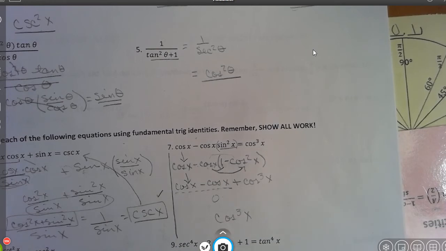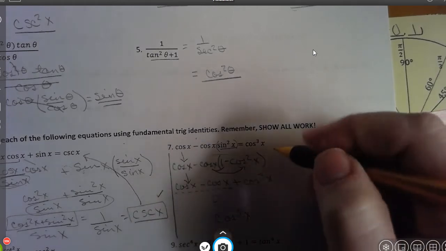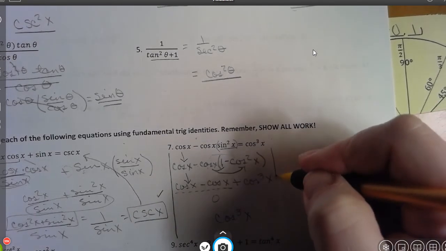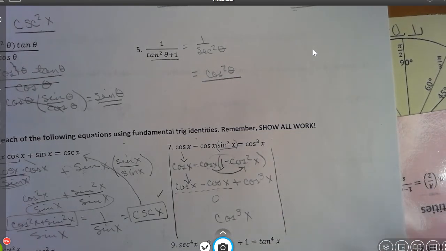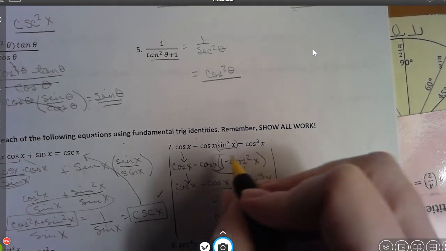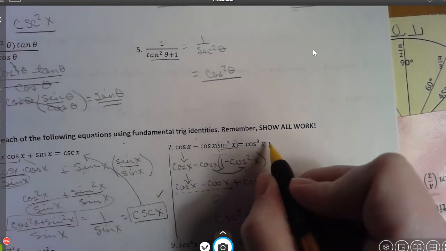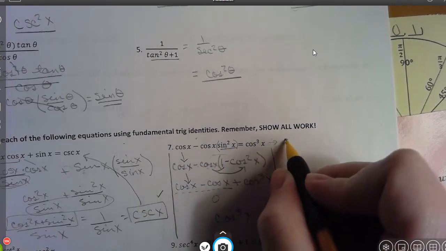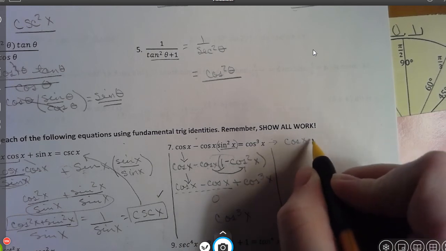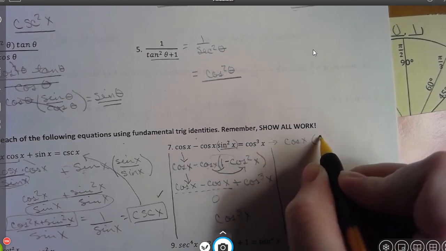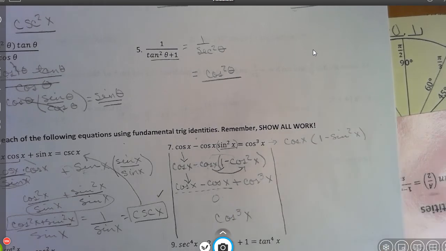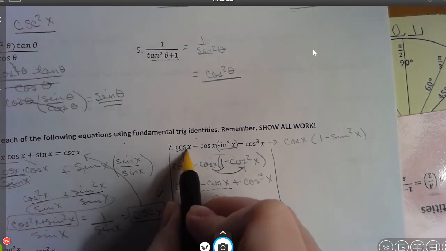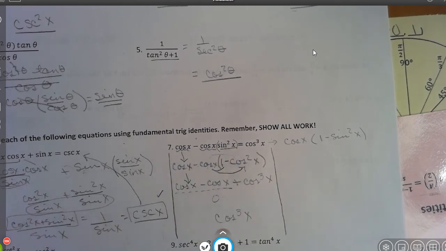All right? I didn't do it that way. This is how you all did it, which I really like your method. I don't know if you came up with it on your own or if you said, you know, Google help me, and that's what Google came up with. I'm going to show you the way I did this one originally. I took this one and factored out the cosine x, which left me 1 minus sine squared x. That's factoring these pieces out.